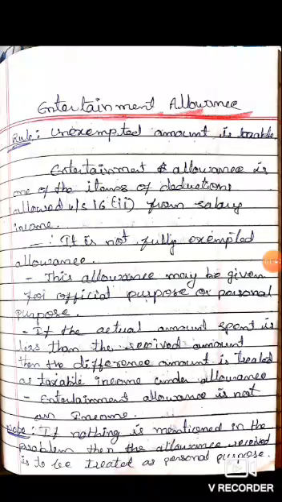For example, if an employee gets 1,000 rupees as entertainment allowance and spends only 500, then the remaining 500 is taxable under income. Entertainment allowance is not an income, but it is taxable. If nothing is mentioned in the problem, then the allowance received is to be treated as for personal purpose.